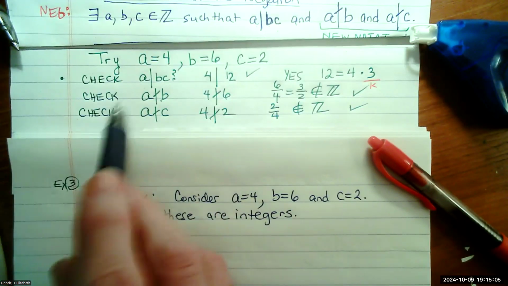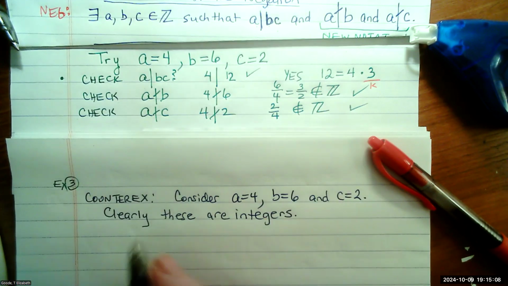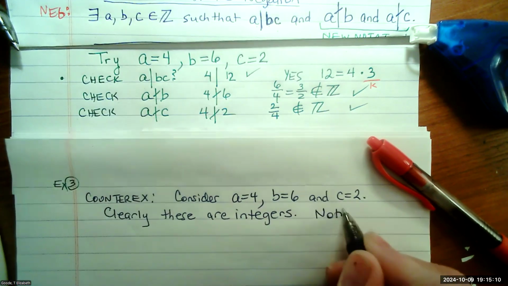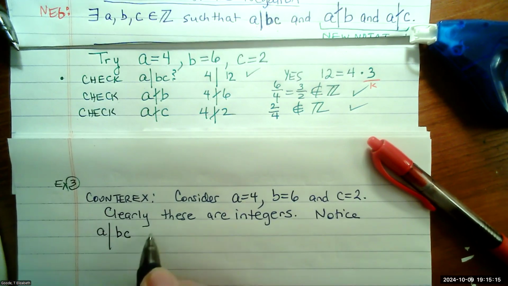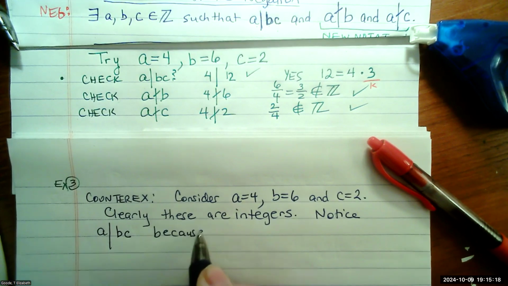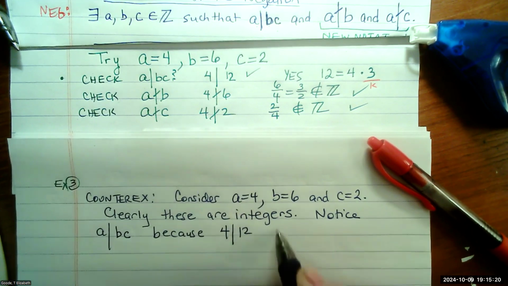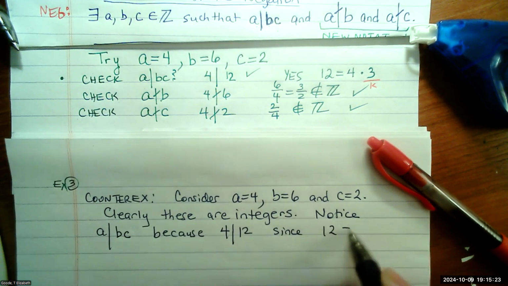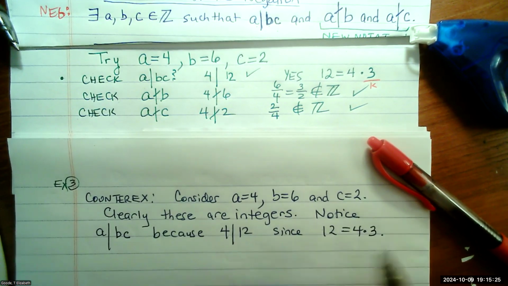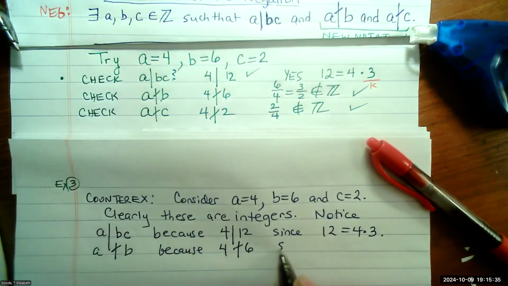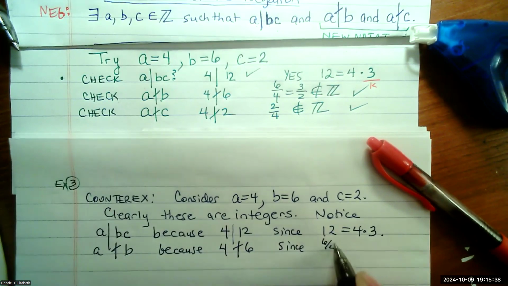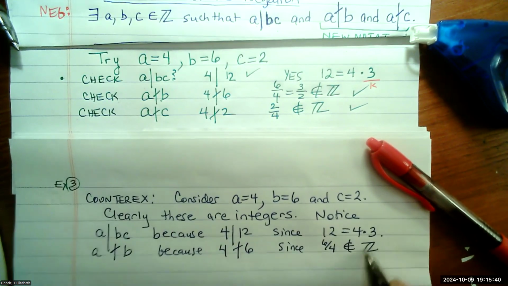And now we're going to just write up all this other stuff. A divides BC because 4 divides 12, since 12 equals 4 times 3. A does not divide B because 4 does not divide 6, since 6 over 4 is not an integer.